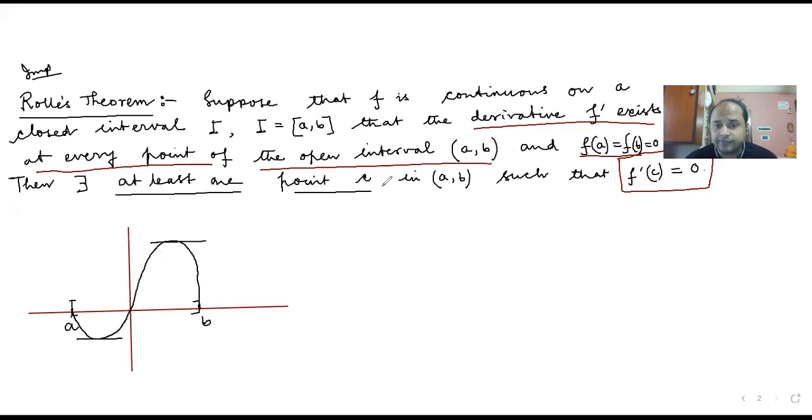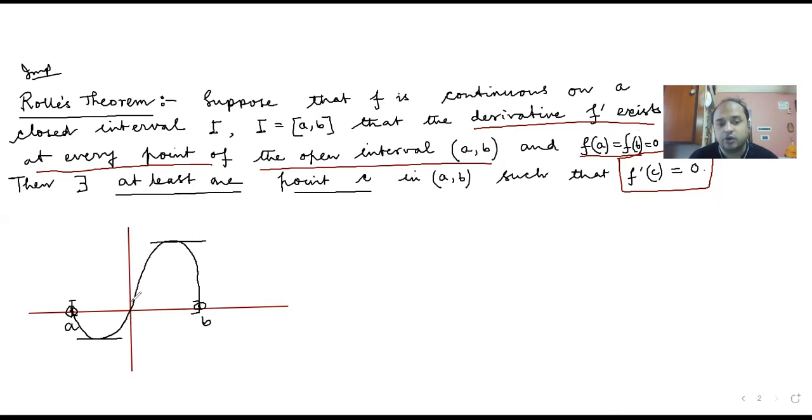But if the derivative can exist in between, and the function is continuous over here, then at least one point you are going to get where the function's derivative equals 0. And f(a) equals f(b) equals 0 means this is the f(a) value, it is 0, falling on the x-axis, and f(b) also falls on the x-axis.